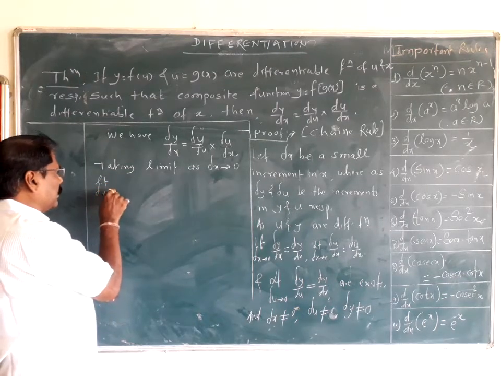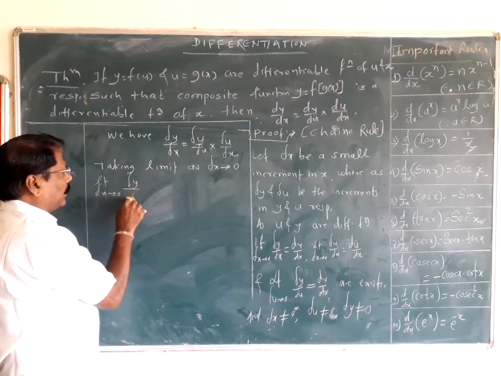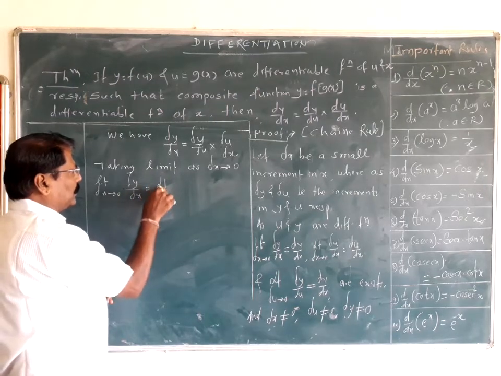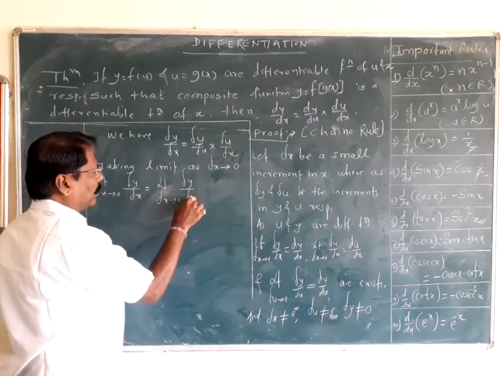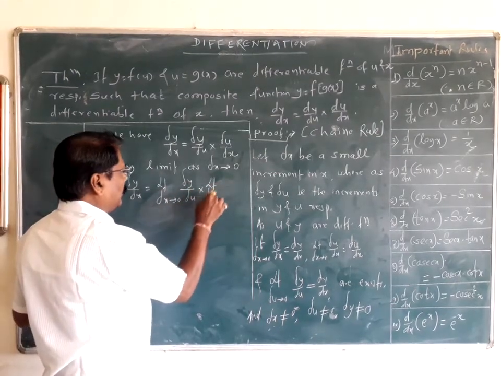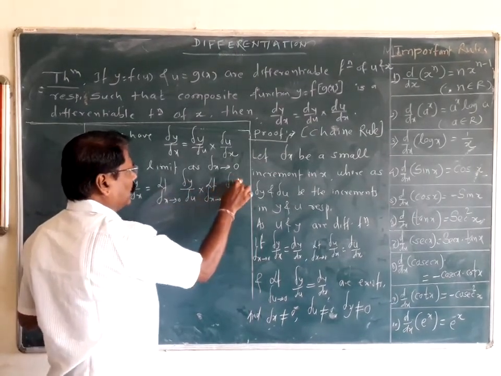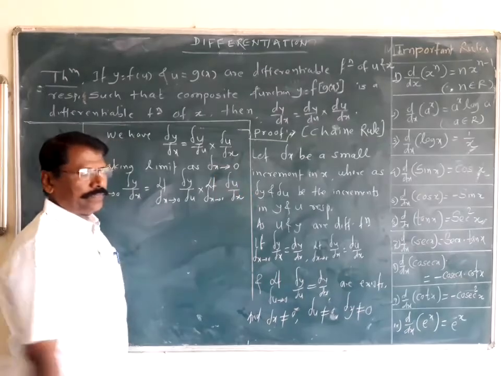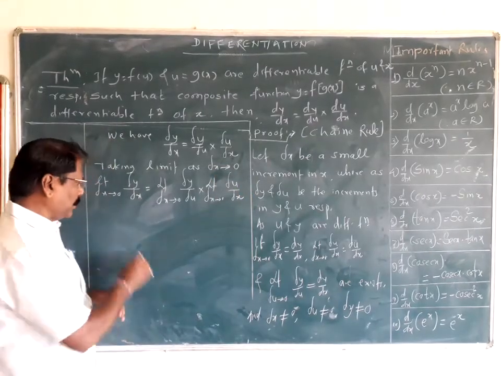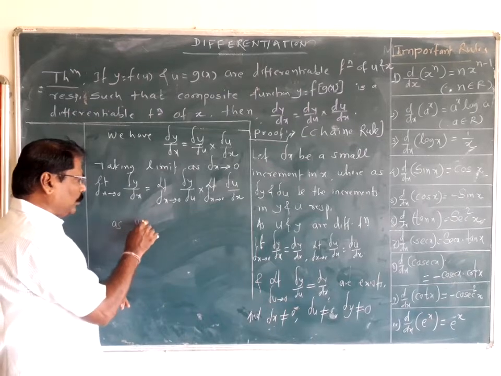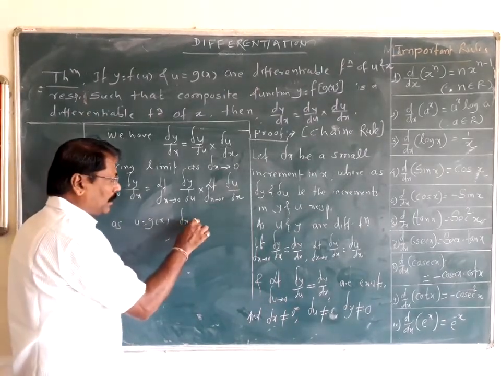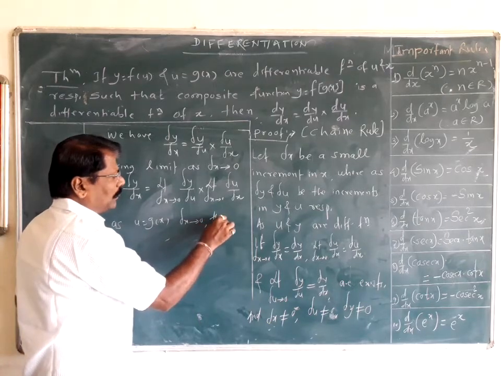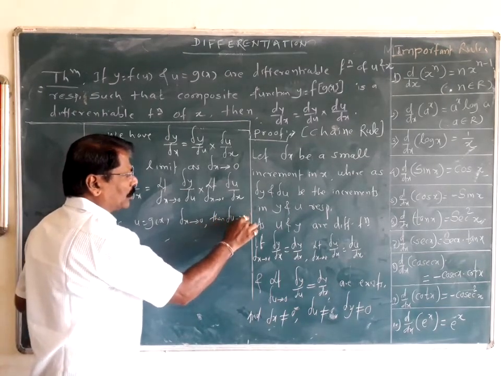Limit delta x tends to 0, delta y by delta x; limit delta x tends to 0, delta y by delta u; limit delta x tends to 0, delta u by delta x. As u is a function of x, when delta x tends to 0, delta u also tends to 0.